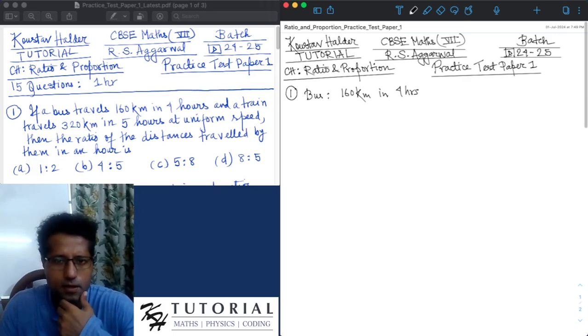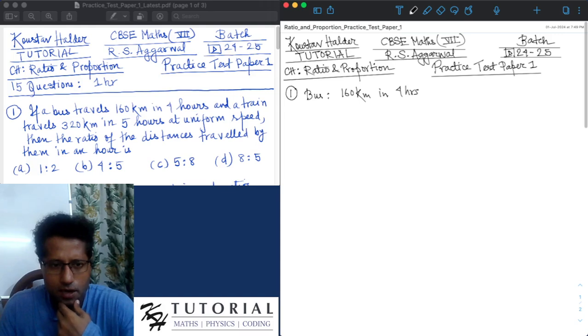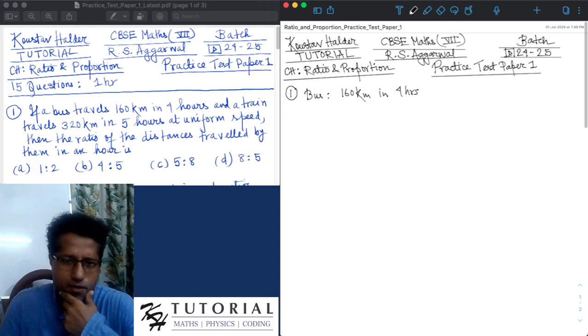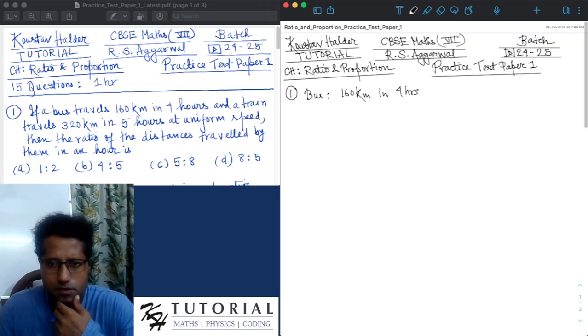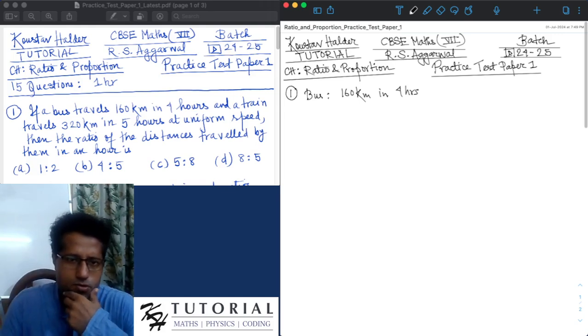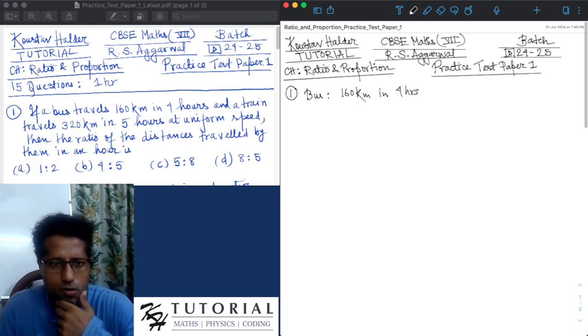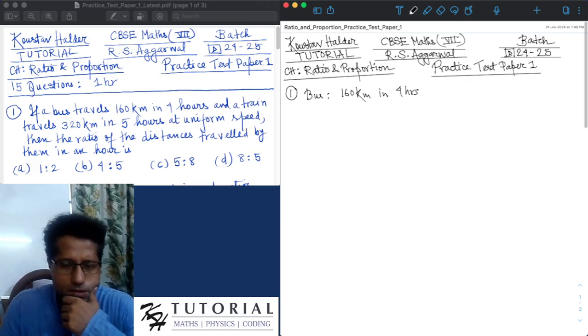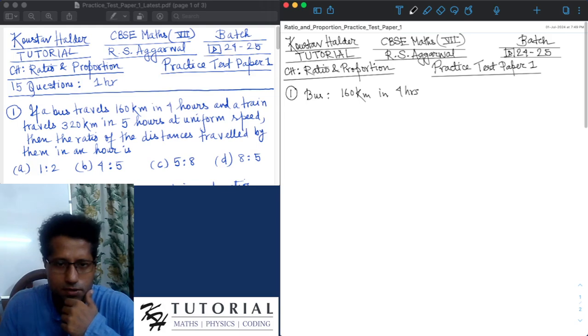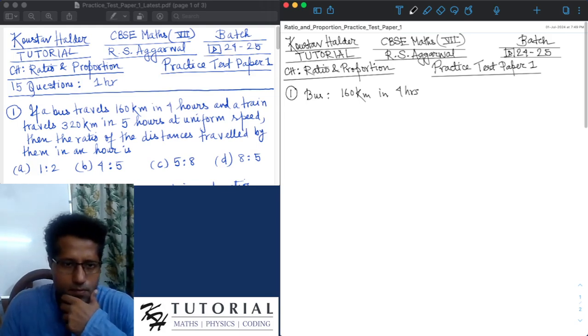They are both traveling at same speed. Now it has asked the ratio of the distances traveled by them in an hour. So basically the distance traveled in an hour is basically the speed of the train or the bus. So we have to just find the ratio of their speed, which will be, the speed will be distance covered in an hour, that is kilometer per hour.